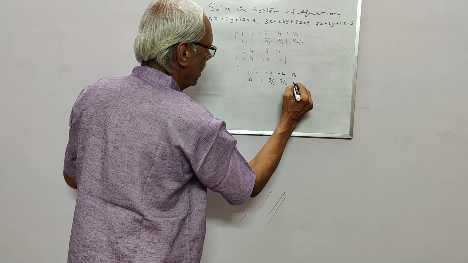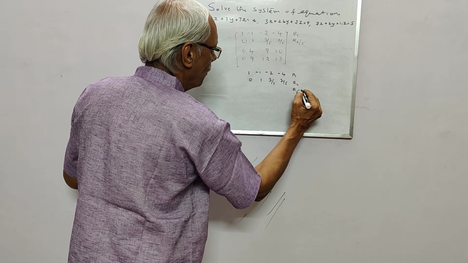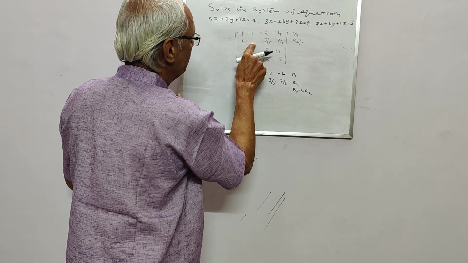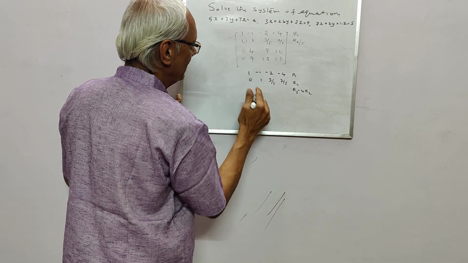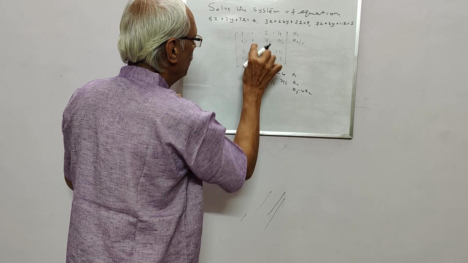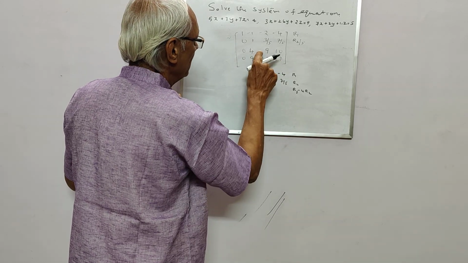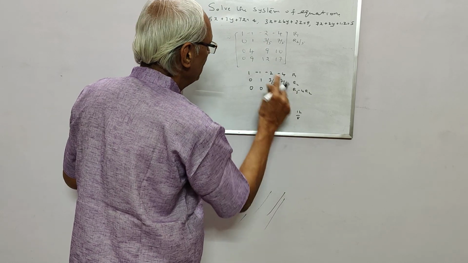R1 is there, R2 is there, R3 minus 4 R2. So multiply this by 4, subtract from the 4. Can you understand? So this is 0. 4 into 4 is 4, 4 minus 4 is 0. Then 4 into 3 by 5 is 12 by 5.